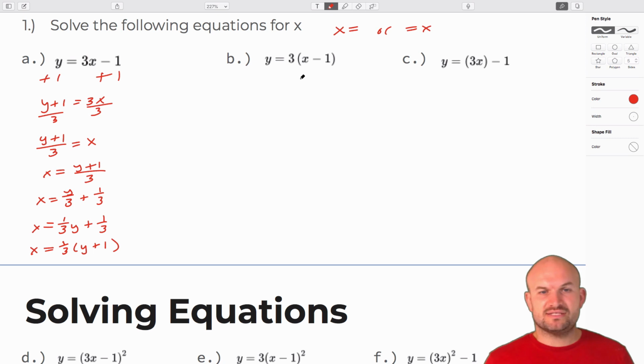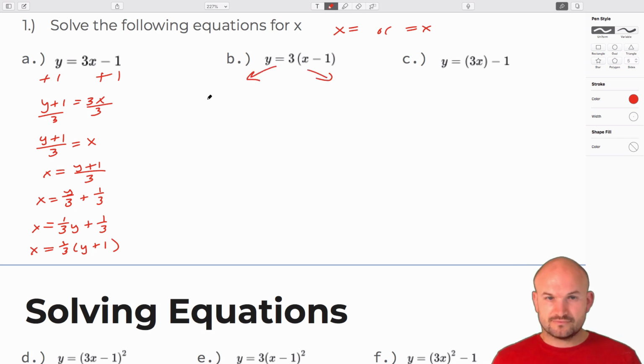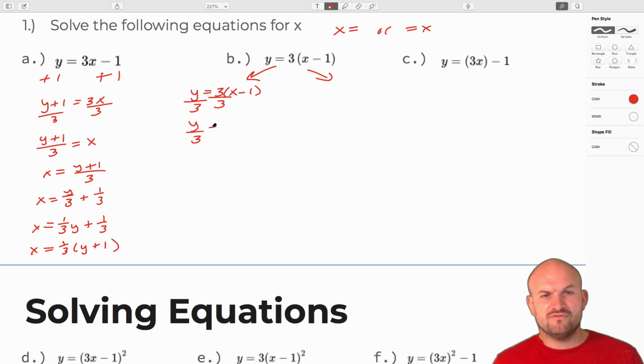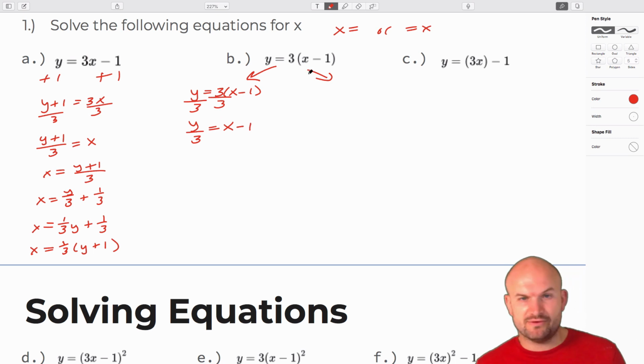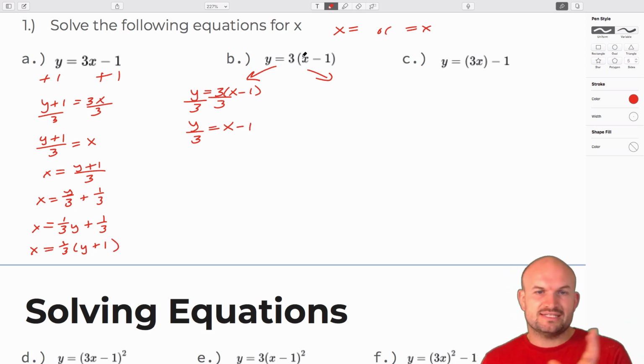So we need to get rid of these parentheses, and I showed them 2 ways we could do that. The easy way would be to divide by 3 on both sides. If you divide by 3, then you undo the multiplication of that 3, because that parenthesis is there because it's 3 times x minus 1.